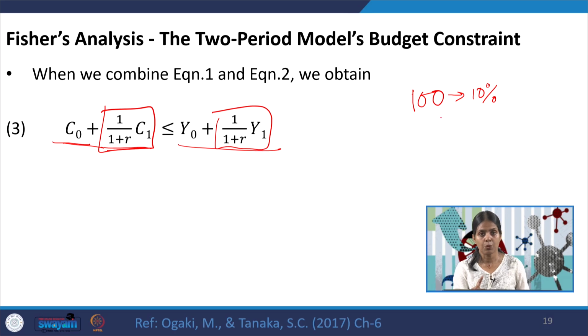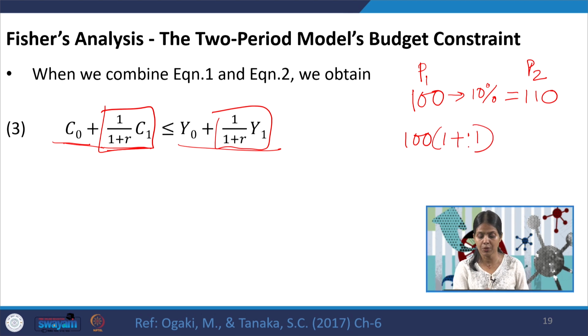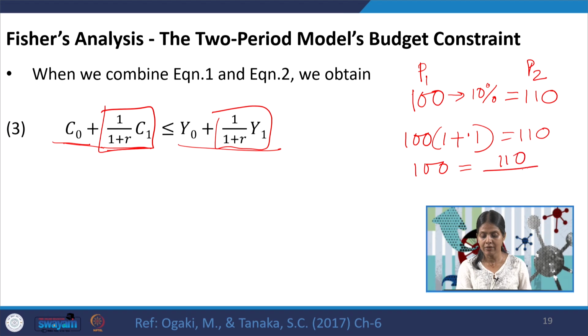So, after 1 month say it becomes 110. So, this is time period 1 and this is time period 2. So, what we say is that we have 100 multiplied by 1.1, 1 plus 0.1, which is 1.1, equals 110. Alternatively, 100 equals 110 divided by 1.1, which is 110 divided by 1 plus r.